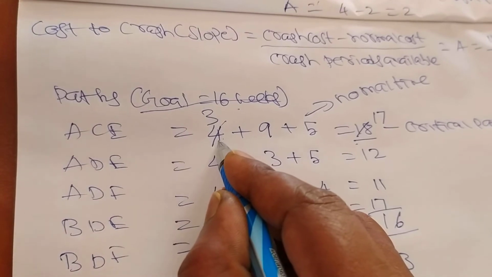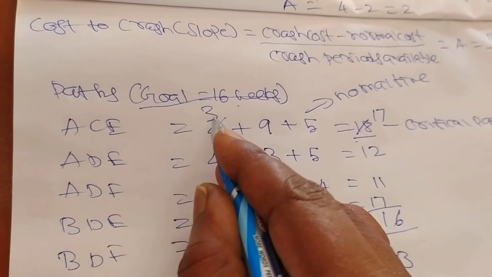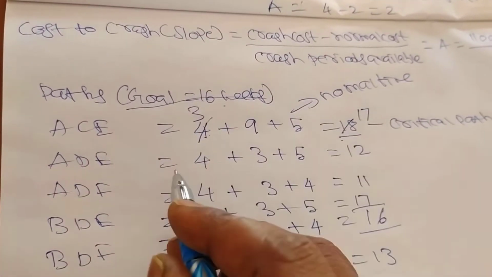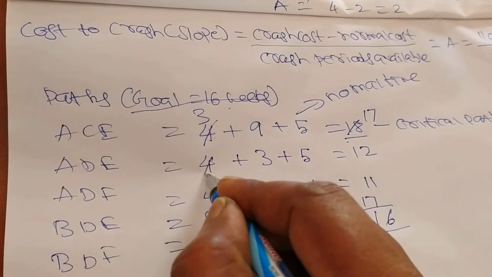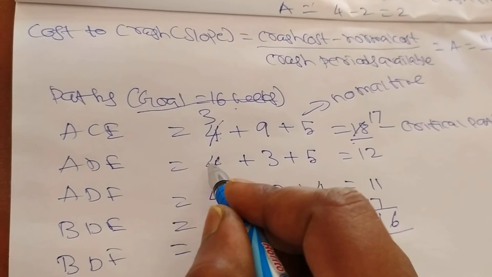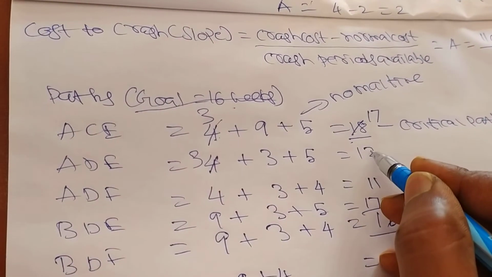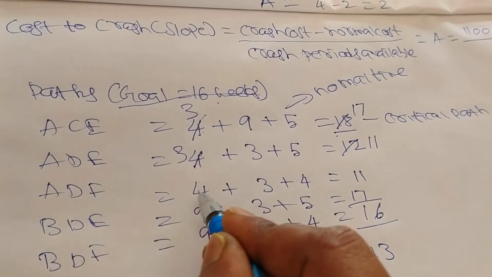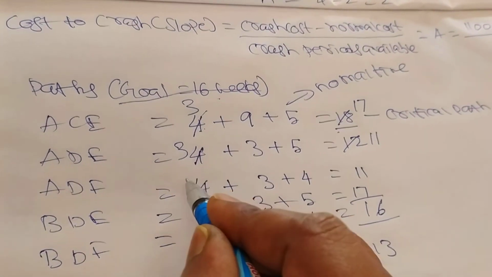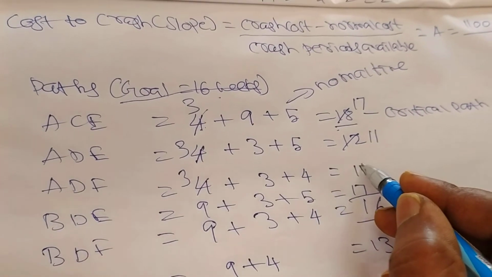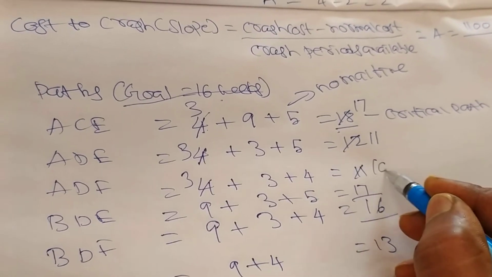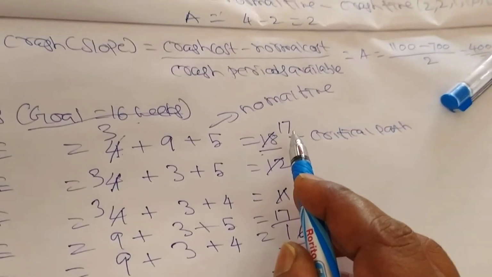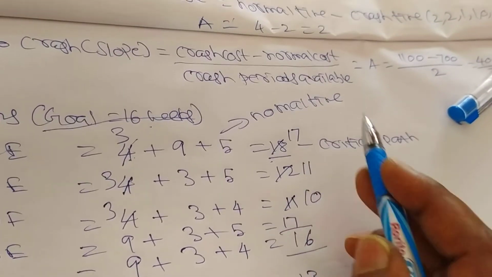So here 4 minus 1, 3. Here 18 minus 1 equal to 17. 4 minus 1 equal to 3. 12 minus 1 equal to 11. 4 minus 1 equal to 3. 11 minus 1 equal to 10. Okay. Again it is in the critical path only, because it is 17.